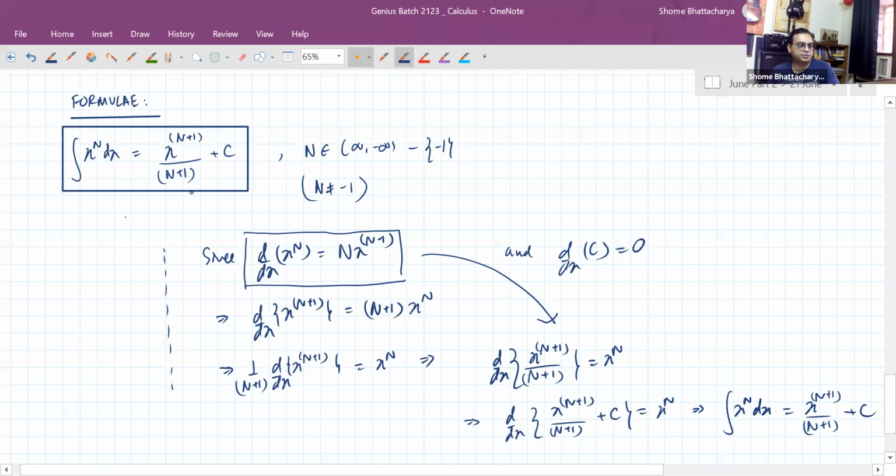The denominator n plus 1 on the right hand side will become 0 if I take n equal to minus 1. So we cannot use this formula for n equal to minus 1. It is valid for all values of n other than minus 1. So another way of saying it is that this is for any n other than n equal to minus 1.